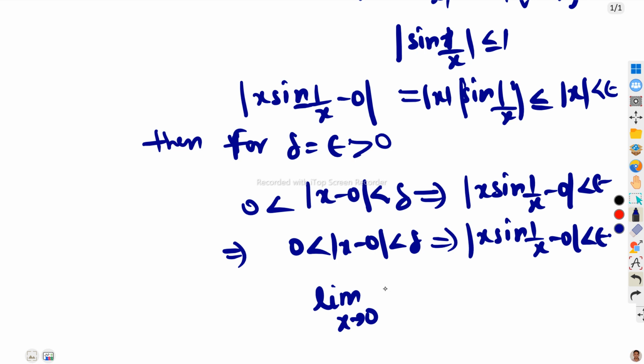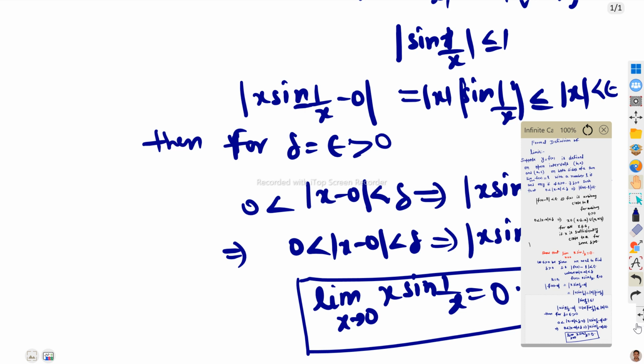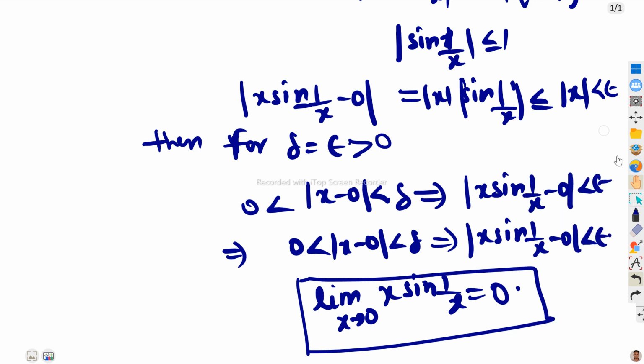So as x tends to 0, x sin(1/x) is arbitrarily close to 0, so the value of the limit is 0. Thus we have shown that the limit as x tends to 0 equals 0.